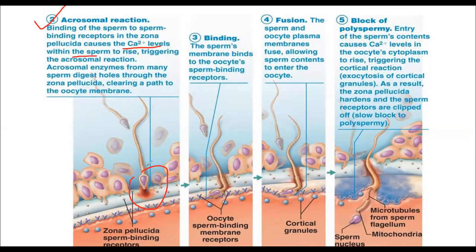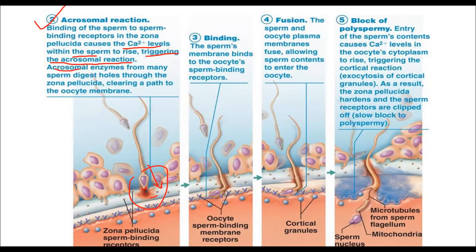When there is an interaction between the zona pellucida and the sperm, the sperm gets a signal to release more and more calcium ions. Why does the calcium ion level have to increase? For triggering more acrosomal reaction.